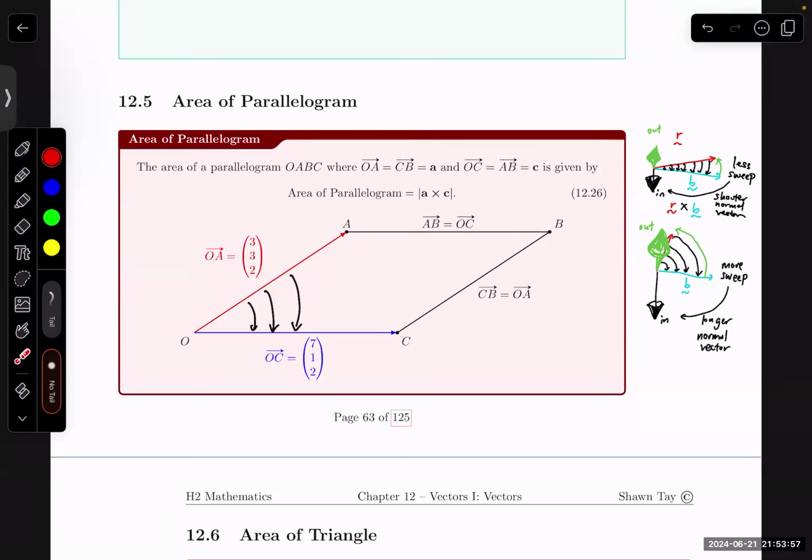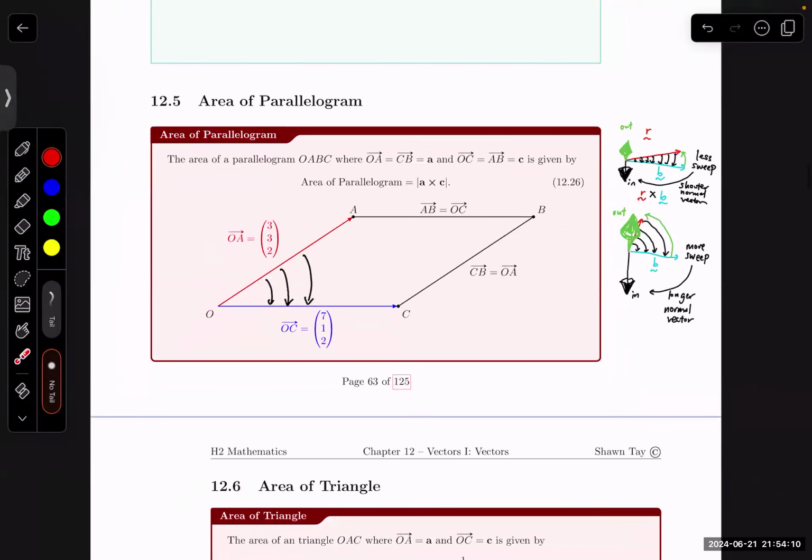The area of the parallelogram that gets opened up is the same as the length of the vector that grows out. So the area of the parallelogram is simply the modulus of A cross C in this case, right?